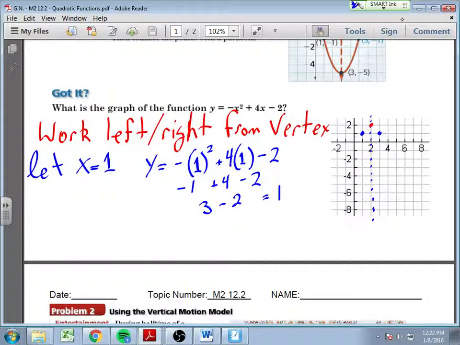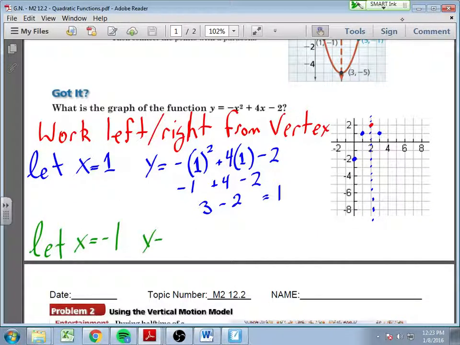You got to go at least 1 more point, normally 2 more points. So let's just skip over 0. It'd be pretty, well, okay, if we do it real quick, 0 squared is 0, 4 times 0 is 0. So when x is 0, what's y? 2. You should be able to figure out negative 2. So when x is 0, you just have that constant value for your y. So now let's let x be negative 1.